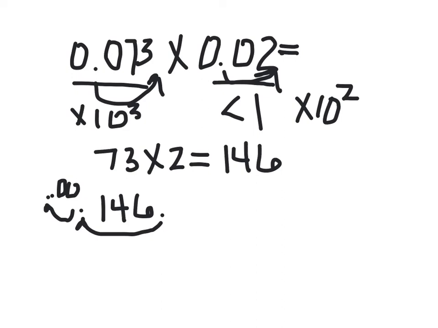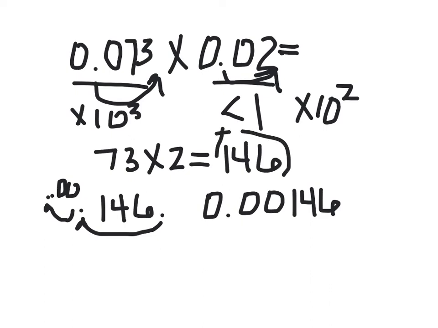Okay, so the result is we get an answer that is 0.00146. This was our answer here that we got when we multiplied those numbers as whole numbers. We moved that decimal point 3 places to the left and then 2 more places to the left. So we ended up with our decimal right here.